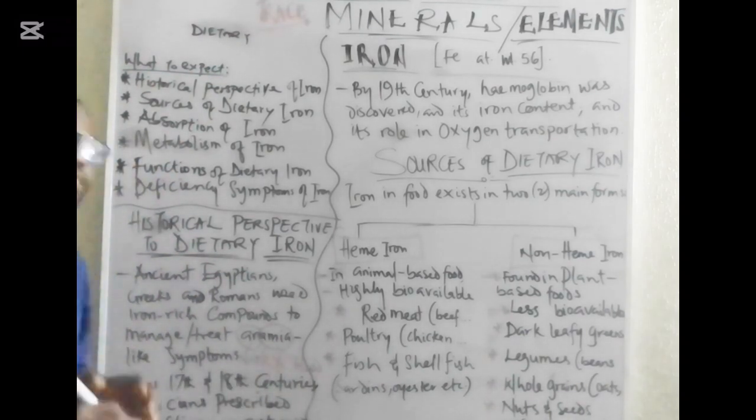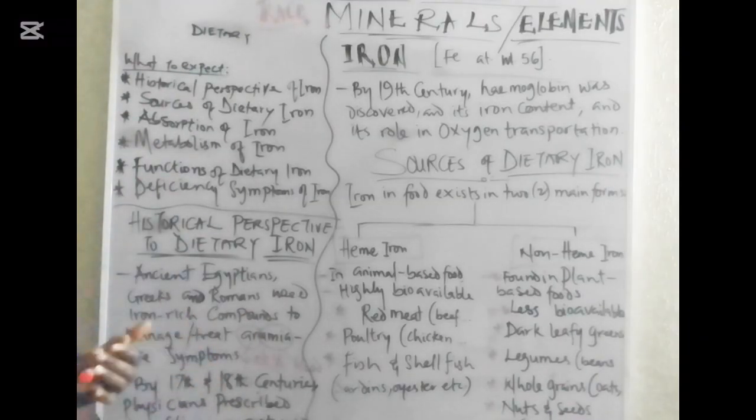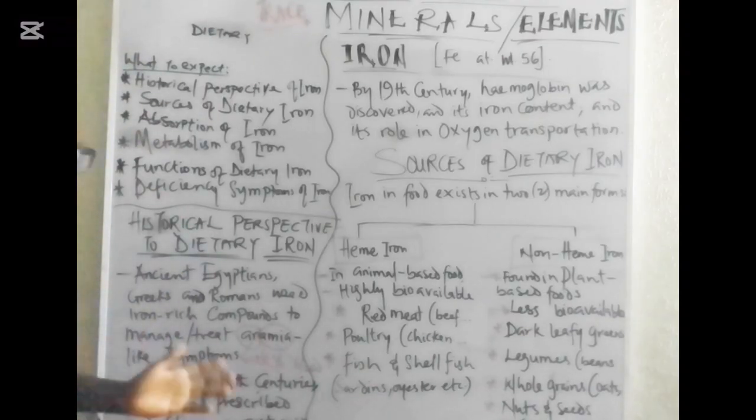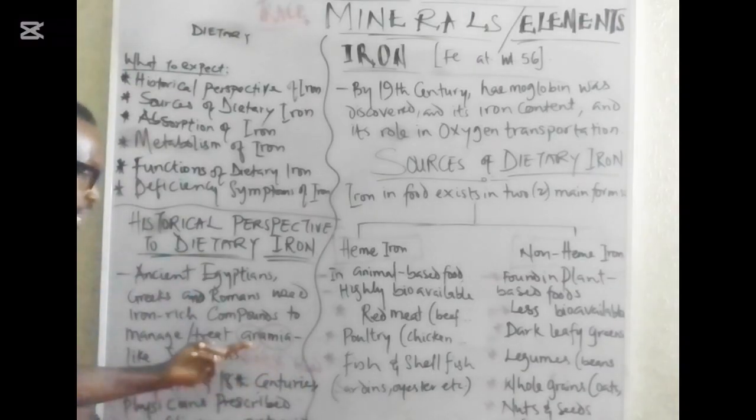So when you say sickle cell anemia or hypomagnesemia or whatever anemia it is, anemia means blood and an means without.